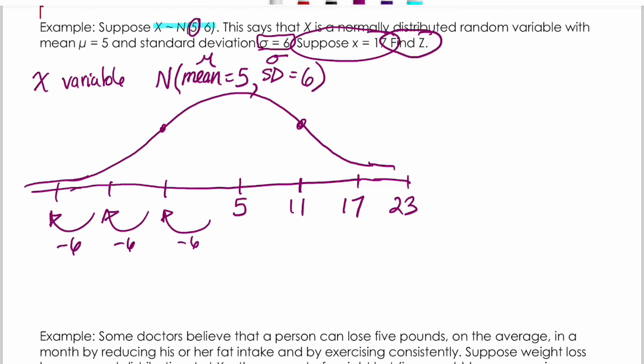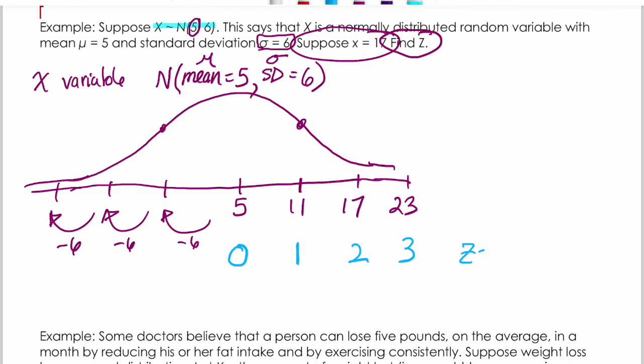When we think about it in terms of the standard normal curve, remember the standard normal curve shows us how far away from the mean we are in terms of standard deviation. So the mean, when you're looking at the standard normal curve, will be 0. Coming out this way, this would be 1, this would be 2, this would be 3.